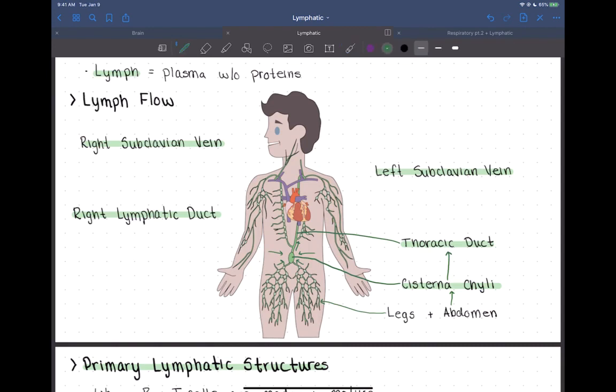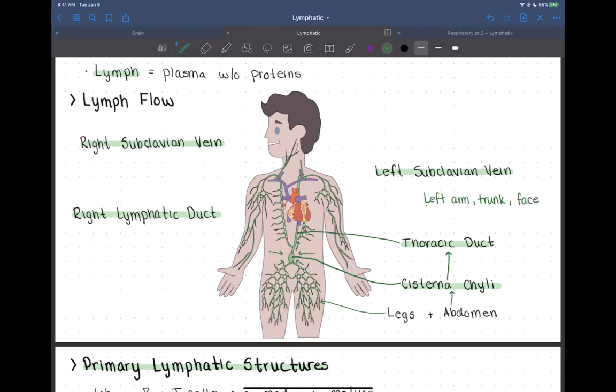Okay, so the thoracic duct specifically collects lymph from the left arm, basically the left side of the upper body. All right, so the left arm, trunk, so that's the left side of the trunk, and face.